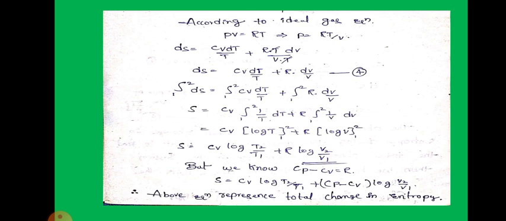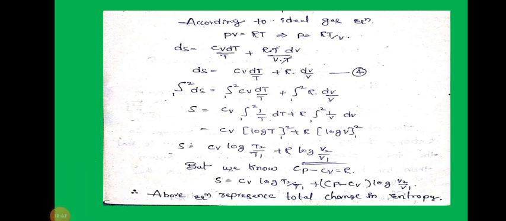The above equation gives the small change in entropy in an ideal gas. Then we have to calculate the total change of entropy, so we integrate the above equation with the limits 1 and 2. Integral 1 to 2 of dS = integral 1 to 2 of Cv dT/T plus integral 1 to 2 of R dV/V.